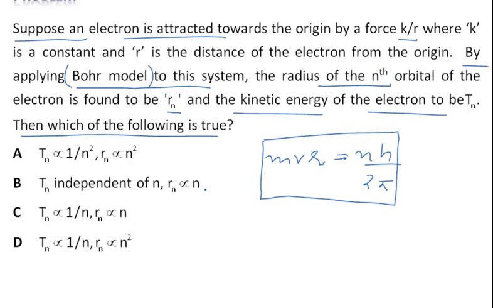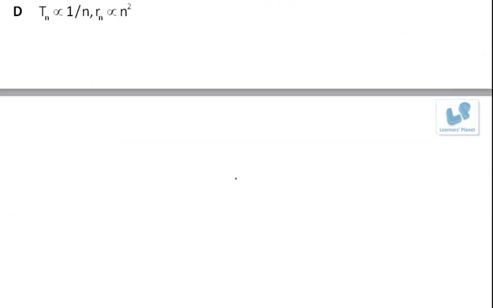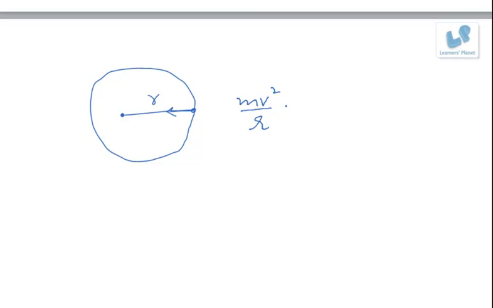Now at a distance r, if an electron is revolving in a circular orbit of radius r, then the necessary centripetal force mv square by r is provided by the force k by r, which is given in the question, right?